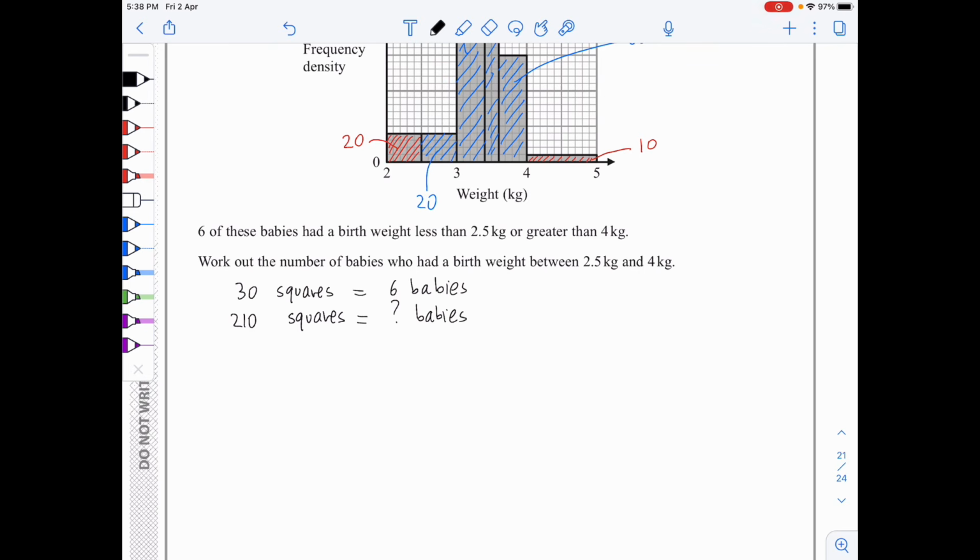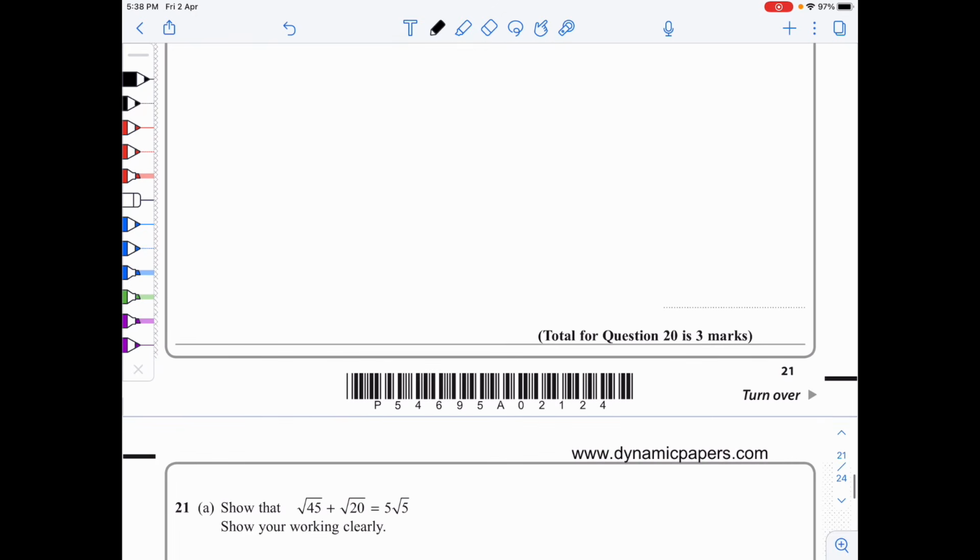I'm just going to use cross multiplication, 210 times 6 over 30, which gives an answer of 42 babies. So in a histogram, the area is giving us the frequency, and by considering ratio and proportion between area and frequency, we arrive at the answer of 42 babies.